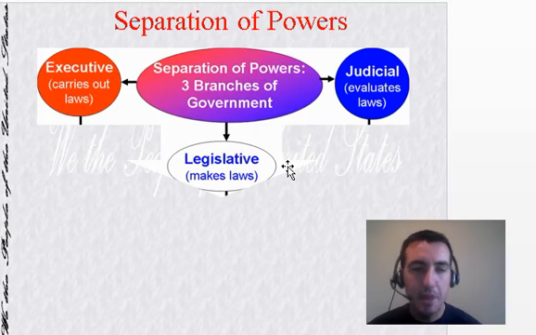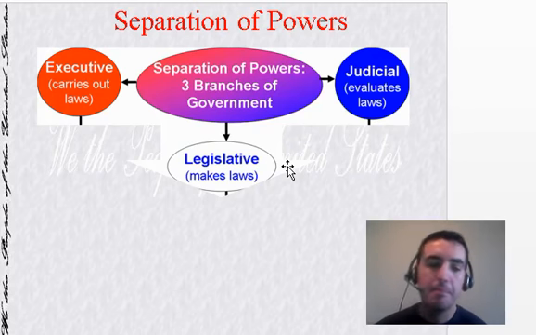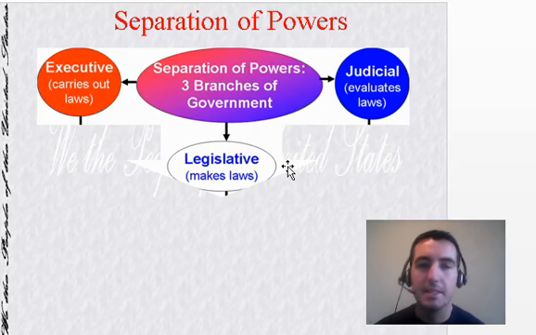The executive branch, which is the president, gets to carry out the laws or make sure that people are following the laws and making sure that people have a way to do whatever is in the law. For example, welfare, or government assistance, like getting a check each month. The executive branch makes sure that that happens.